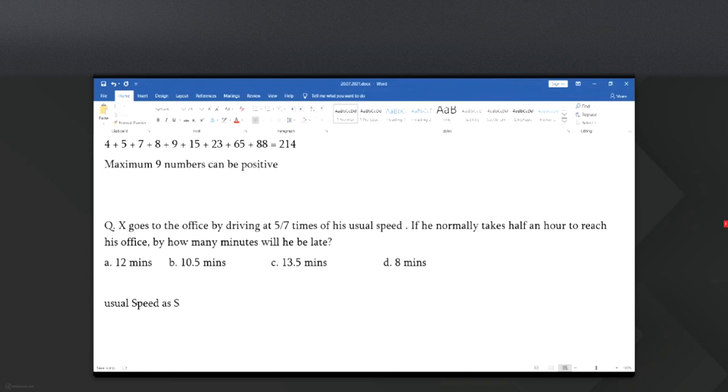So his usual time, capital T, is given by 30 minutes, right? He usually takes half an hour to reach the office, right?